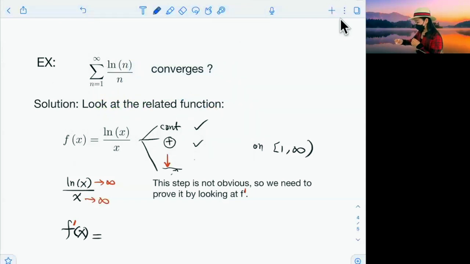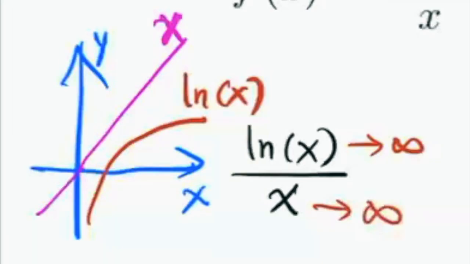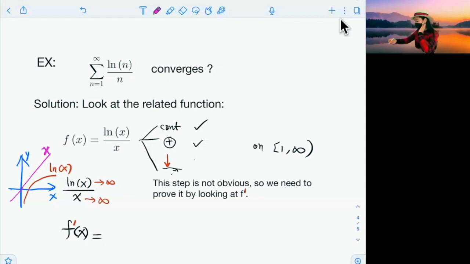So you can make an observation. How does the ln graph look? ln of x looks like this, slowly going up. But y equals x is going to be like this. So x goes to infinity much faster than ln of x, so eventually we think the x is going to win.